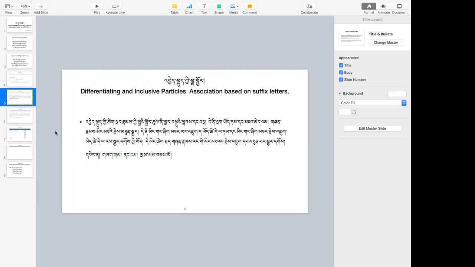So, differentiating and inclusive particles: association based on suffix letters. First I have written this in Tibetan. The reason why I'm writing the definitions and clarifications in Tibetan is that you can also practice your reading while reading this.